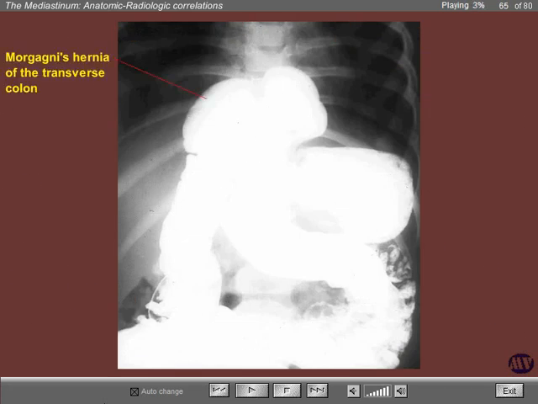A barium enema shows the herniation of the transverse colon through a persistent foramen of Morgagni. Sometimes on barium studies, we do not see the bowel in the chest, but instead of observing a transverse colon that is convex inferiorly, it becomes convex superiorly.